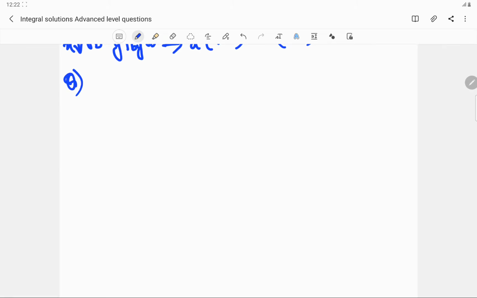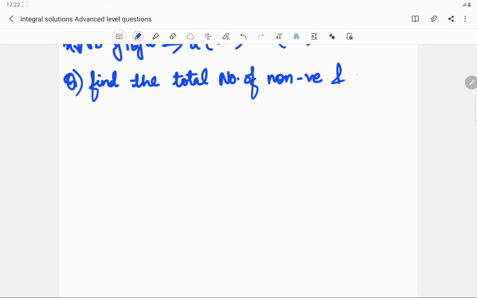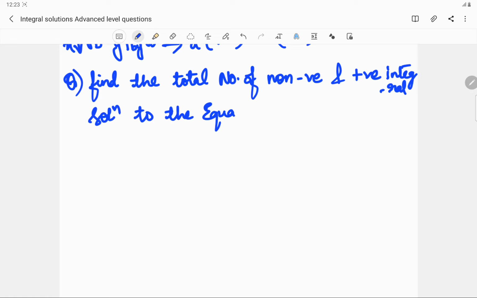The question will be given to you in this way: find the total number of non-negative and positive integral solutions to the equation given to us, 3x plus 4y equals 60.